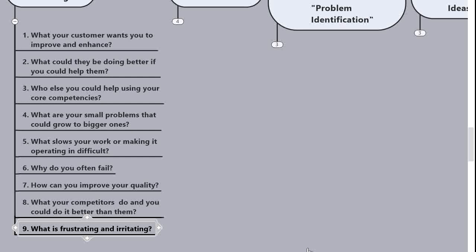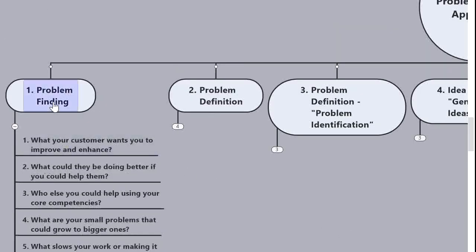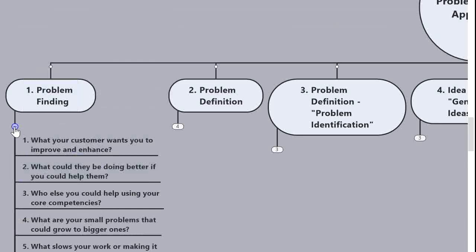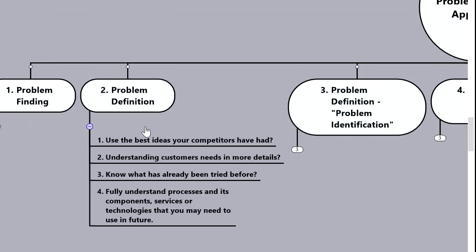Okay, so we came here to the point of problem finding, and what questions and what aspects. We explained those questions in the first phase. So we go now to the second phase, and this is a very critical issue. It's called problem definition.